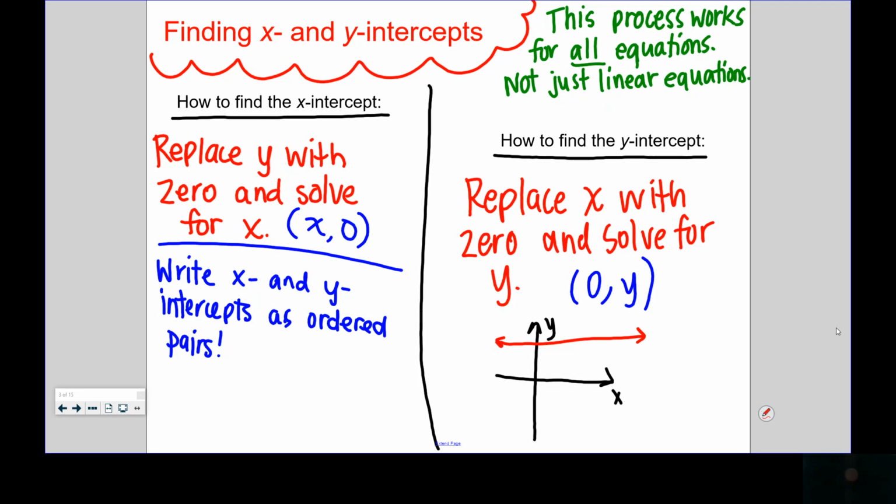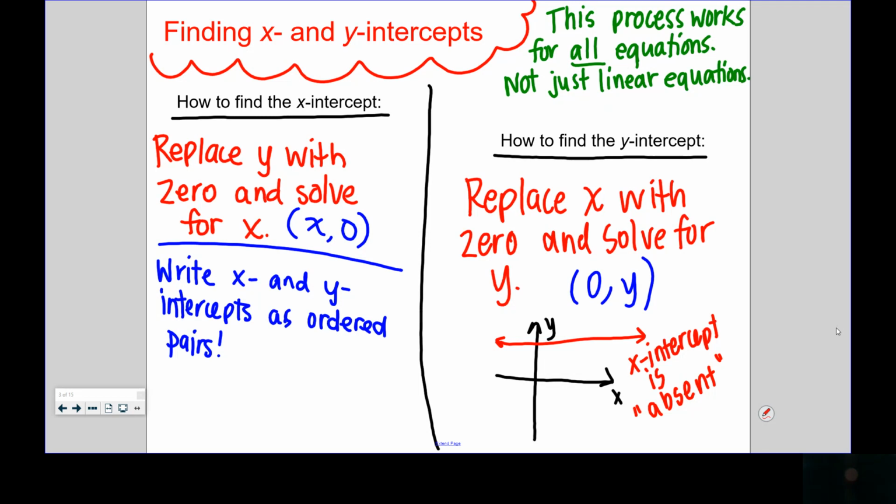And on the homework, they would say it's absent. So we would say x-intercept is absent. It's not there. So that would be an example of a case where you had an intercept that was absent.